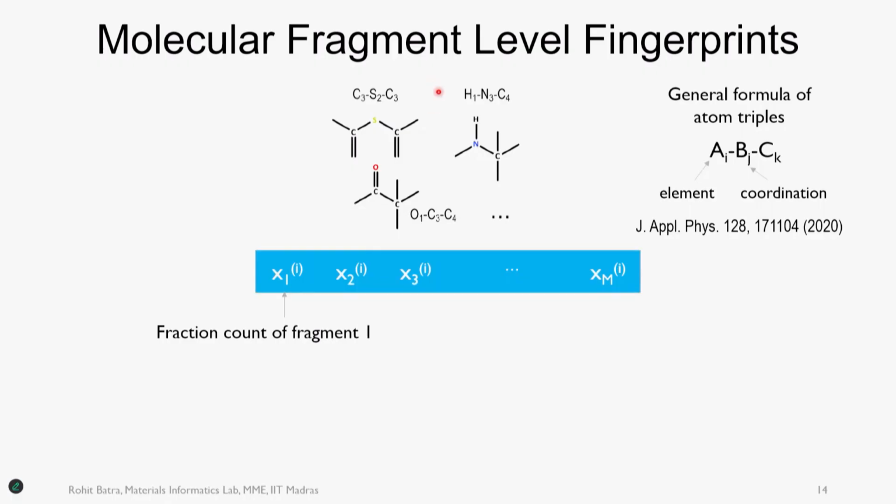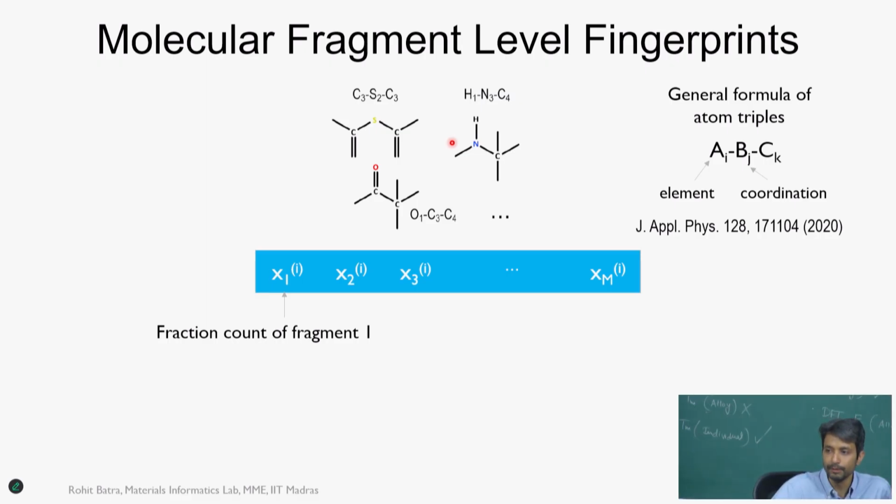Now because this structure is there, I can exploit this to talk about my fingerprinting also. So in this case, what people did was they simply looked at triplets. What triplets are present in my polymer? Triplet meaning elements A, B and C with coordination of I, J and K. So for example, C3S2C3.